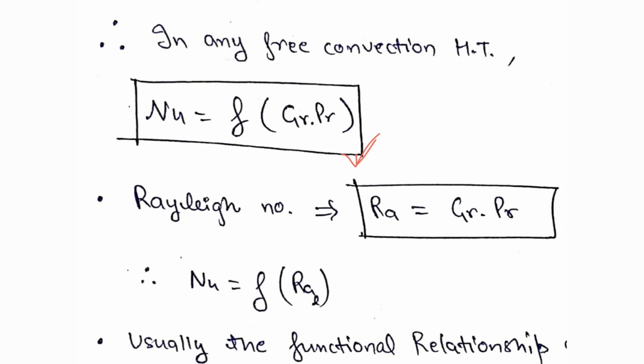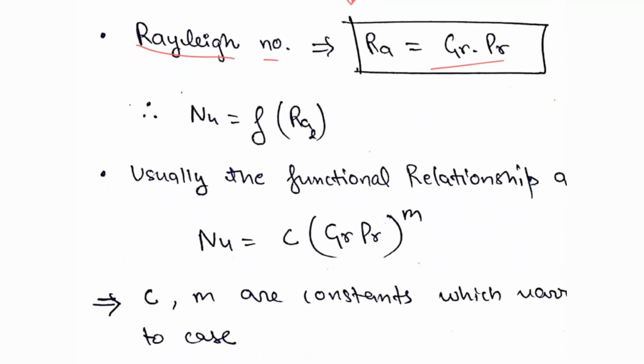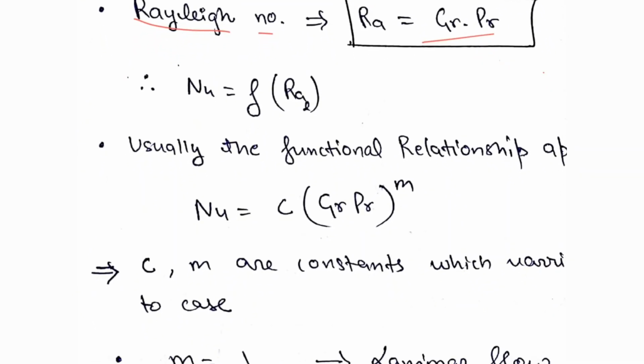The product of Grashof number and Prandtl number is given a new name, that is Rayleigh number. Rayleigh number is nothing but a product of Grashof number and Prandtl number. Therefore, Nusselt number is a function of Rayleigh number. This will help to define whether the flow is laminar or turbulent.